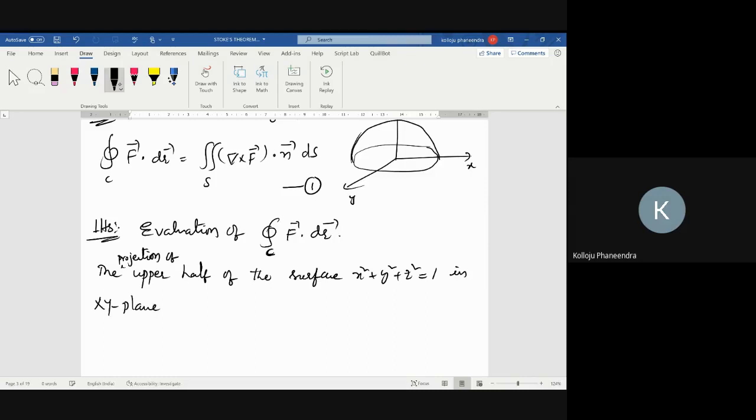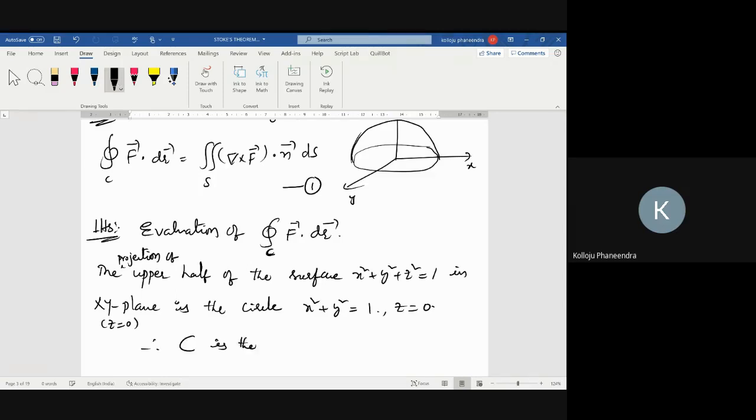What is the xy plane? It means z equal to 0. In the xy plane it is the circle x square plus y square equal to 1, z equal to 0. Therefore, what is C?